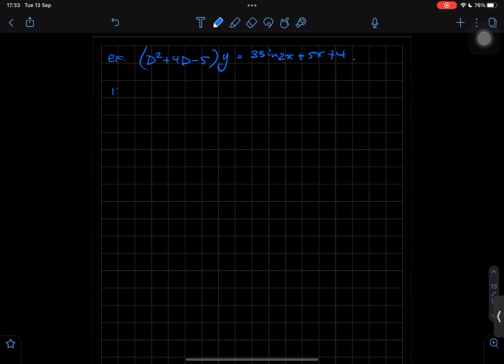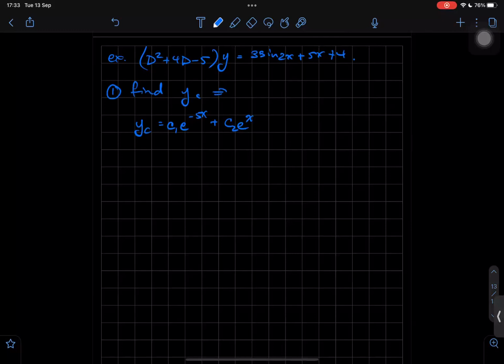Okay, first find yc. You can try to find it yourself. But yc will equal c1 e to the minus 5x plus c2 e to the x. Okay, so this is yc.